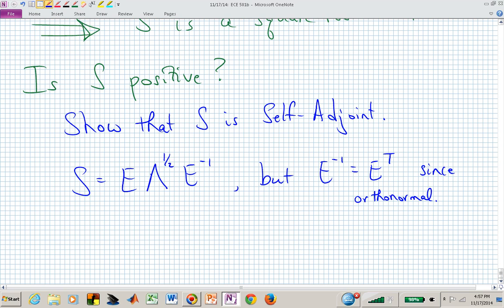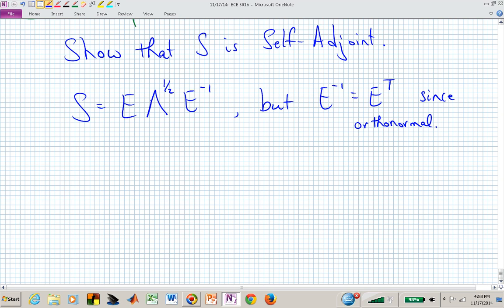Because of the Kronecker product nature of these E's, when you multiply those together, they're only going to be 1 when you do it with themselves, and they're 0 when they scale each other. So that's then the inverse of E is its transpose. What I'm trying to show is that S is equal to its transpose.